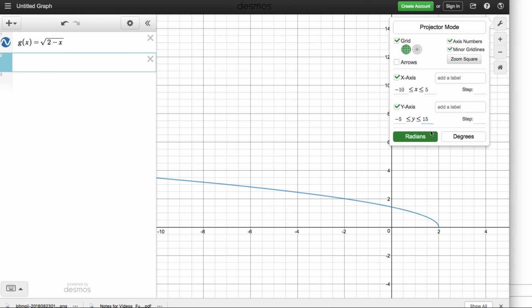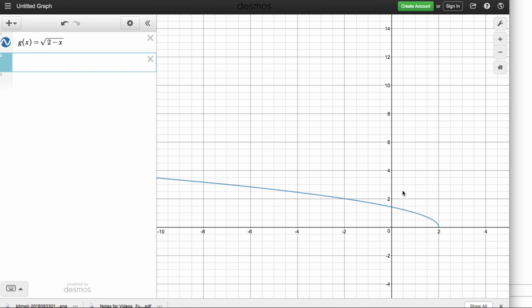Okay, so now here we start to see that the smallest y value I can get, so I look at my y-axis, the smallest y value I can get is down here at 0. So if I look at that point, (2, 0), there's my y value of 0. That's part of the range. If I look at any point on here, now my y value is 1.4, and now it's 2.82, now it's 3.385.